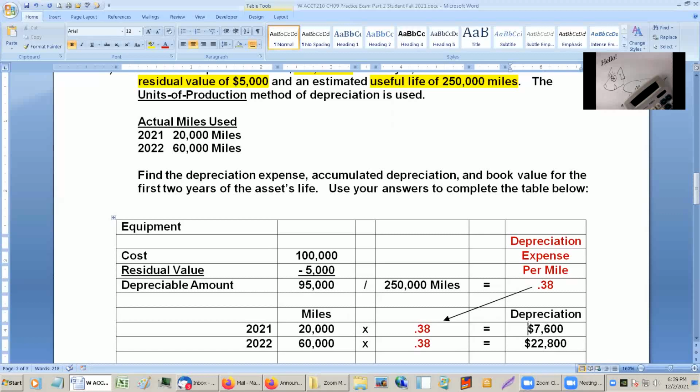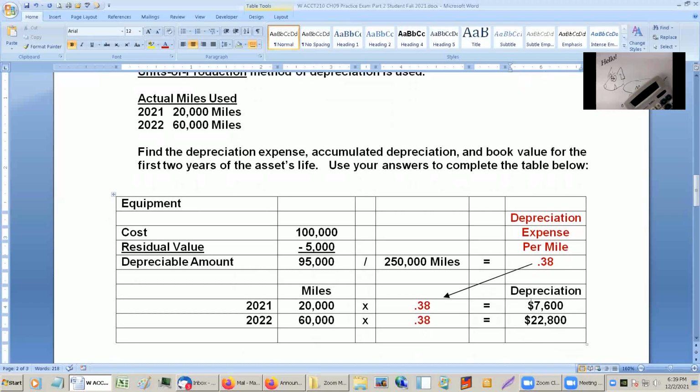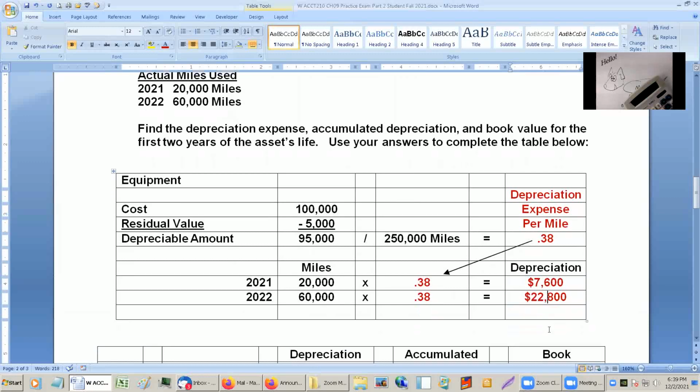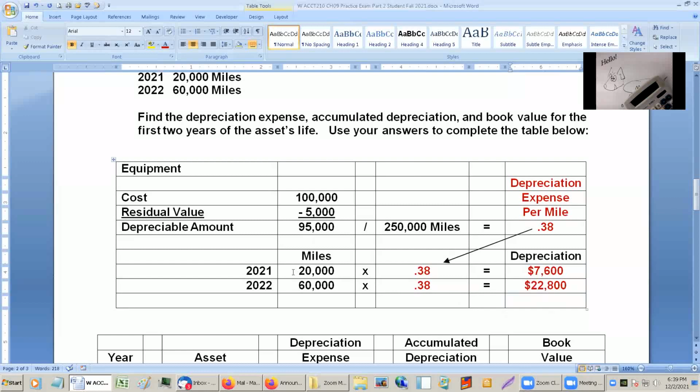Okay, so this would be the depreciation in those funny lines on the bottom. Okay, so the first year we depreciate 7,600, and the next year 22,800. And again, they're different because we use it for different amounts.